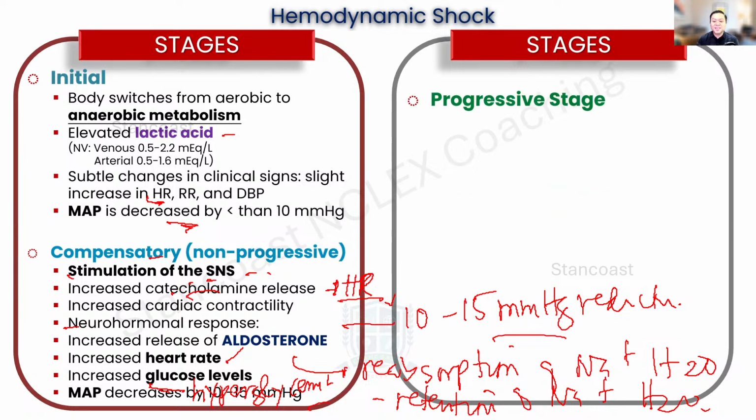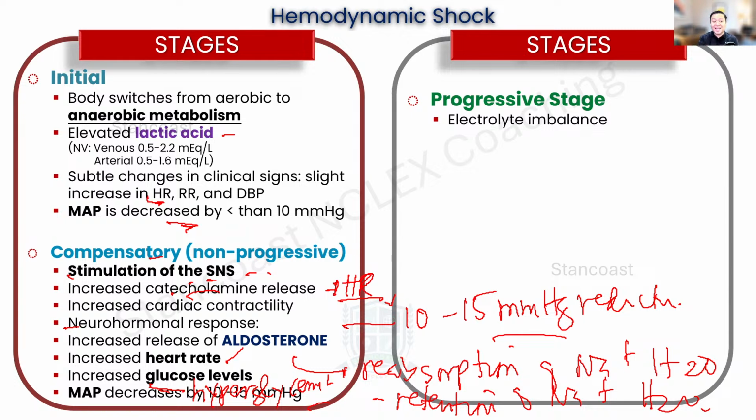So what's going to happen here is that the compensatory mechanisms that were activated in the second stage will start to fail this time. Again, the neurohormonal activation, the SNS activation will start to fail. And here, the body will now manifest so many electrolyte imbalances because of the disrupted cellular function.